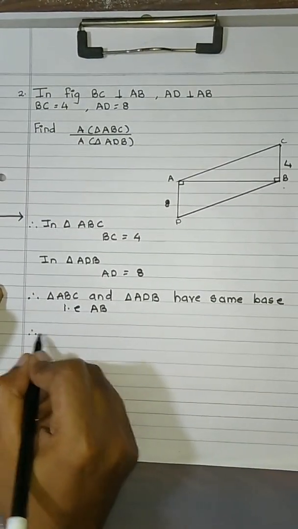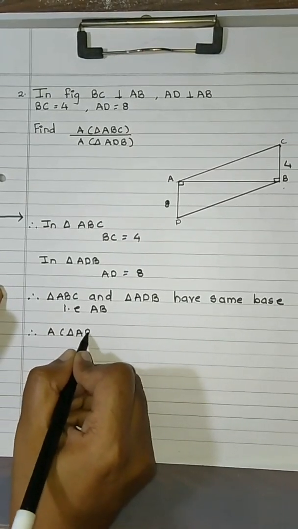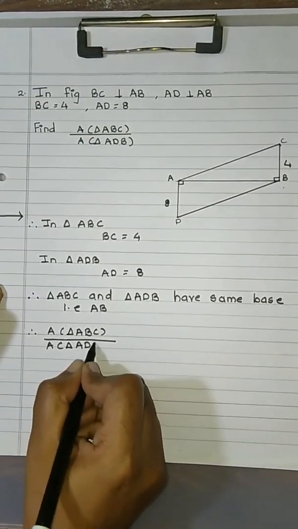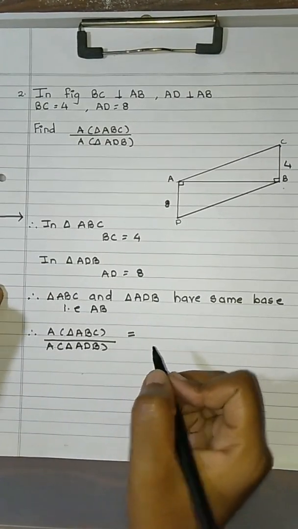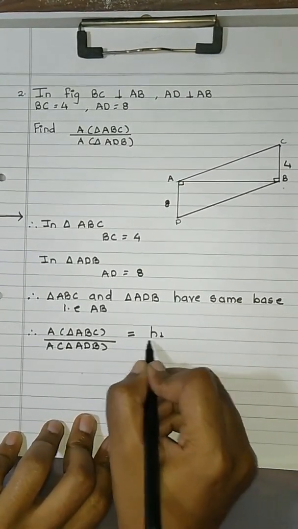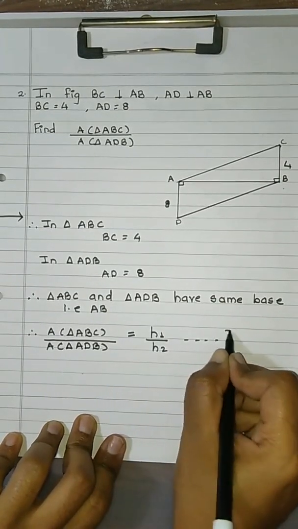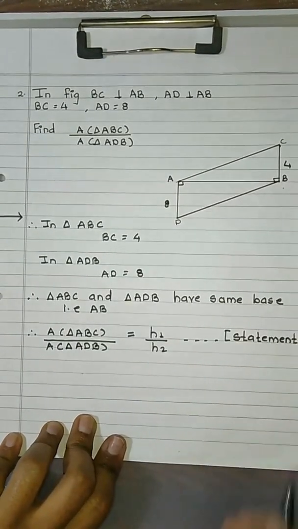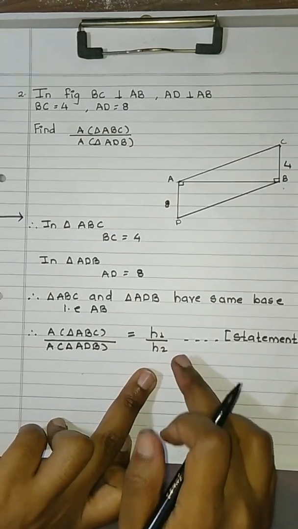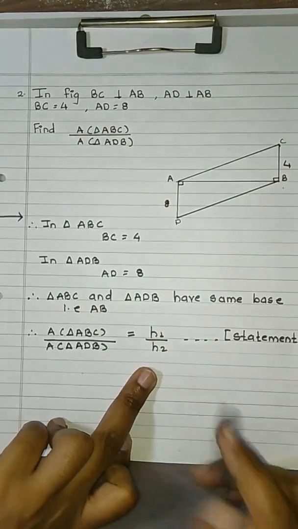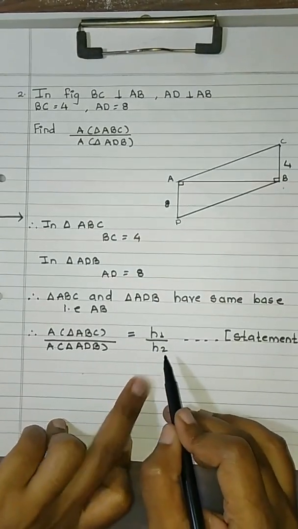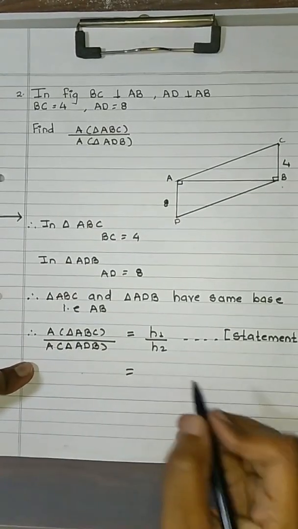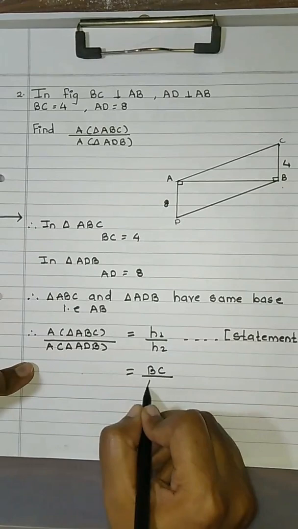Okay, therefore area of triangle ABC upon area of triangle ADB is equal to H1 upon H2. As you very well know the statement, you may write it down here. That is, when the triangles have same bases, then the ratio of areas of such triangles is equal to the ratio of their corresponding heights. Therefore, area of triangle ABC upon area of triangle ADB is equal to BC upon AD.